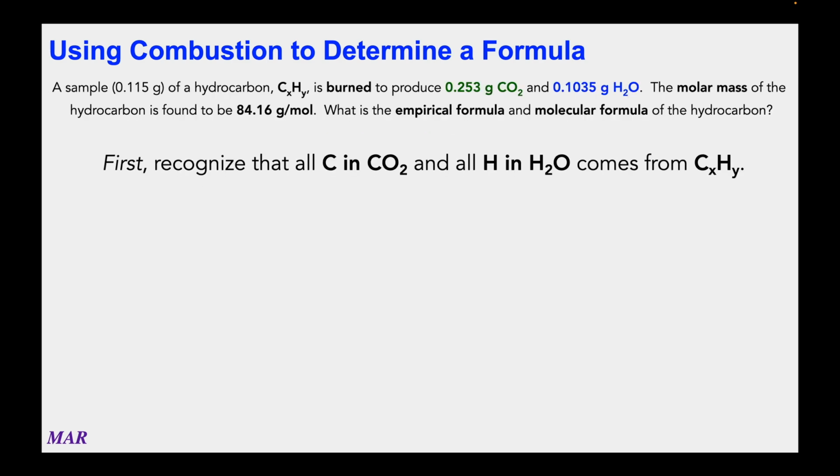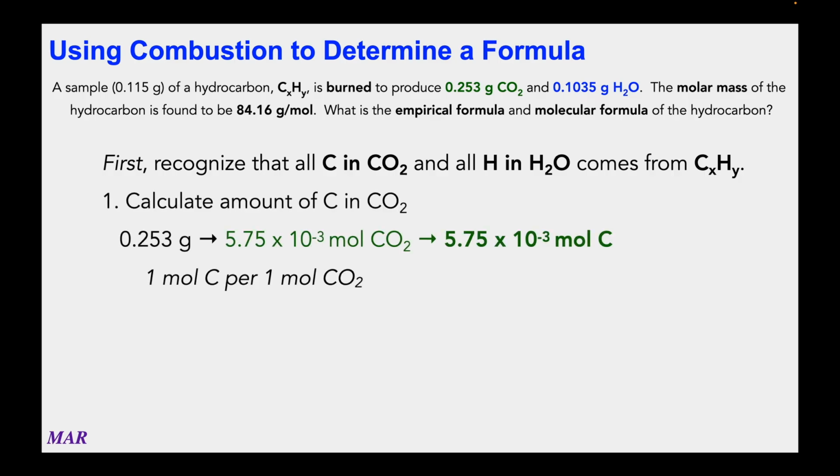Let's first take the carbon and analyze it. There's 0.253 grams of CO2. We'll turn it into moles, and then every mole of CO2 equals the moles of carbon in our original hydrocarbon. So 0.253 grams divided by the molar mass of CO2, which is about 44.01 grams per mole, gives you 5.75 times 10 to the minus 3 moles.